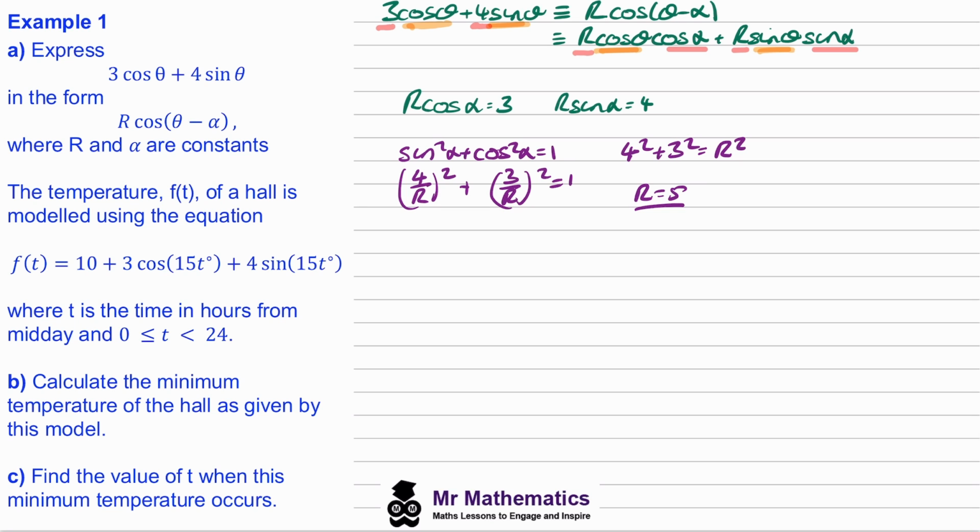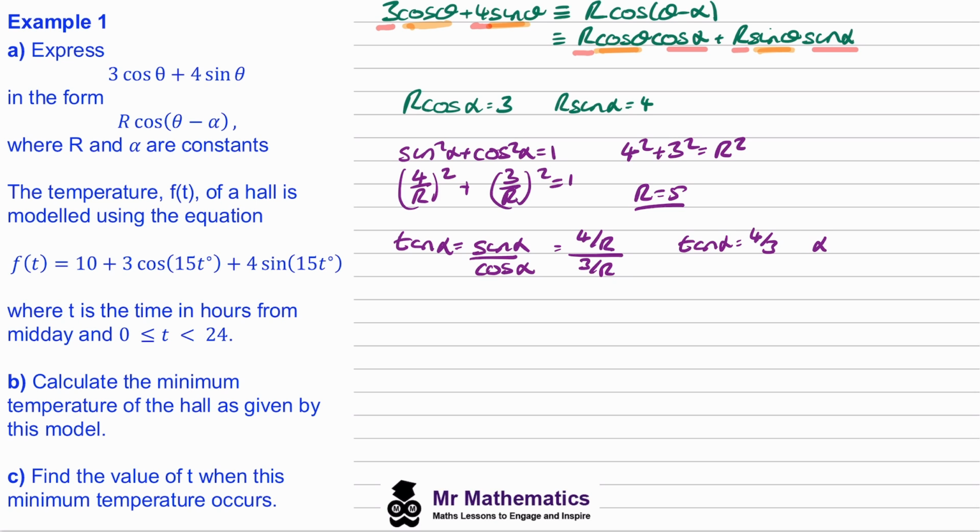And then to work out alpha, well, we know that tan of alpha is equal to sine alpha over cos alpha. Sine alpha will be 4 over r, and cos alpha will be 3 over r. We can simplify this fraction, so we get tan alpha is going to be 4 over 3.